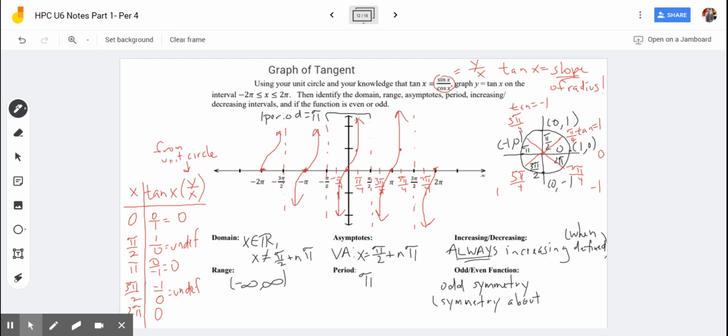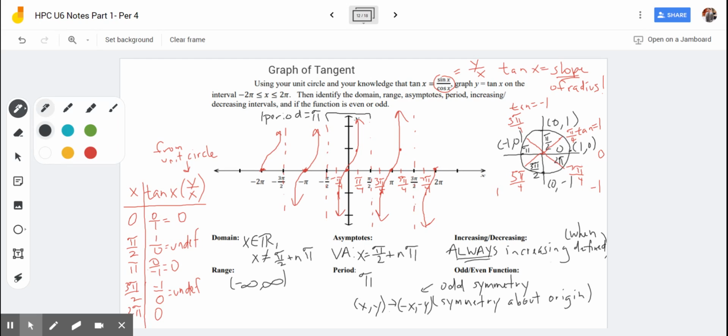And if we think about it using a set of coordinates, remember what odd symmetry meant was if we had x comma y, then the odd symmetry would make it negative x, negative y.